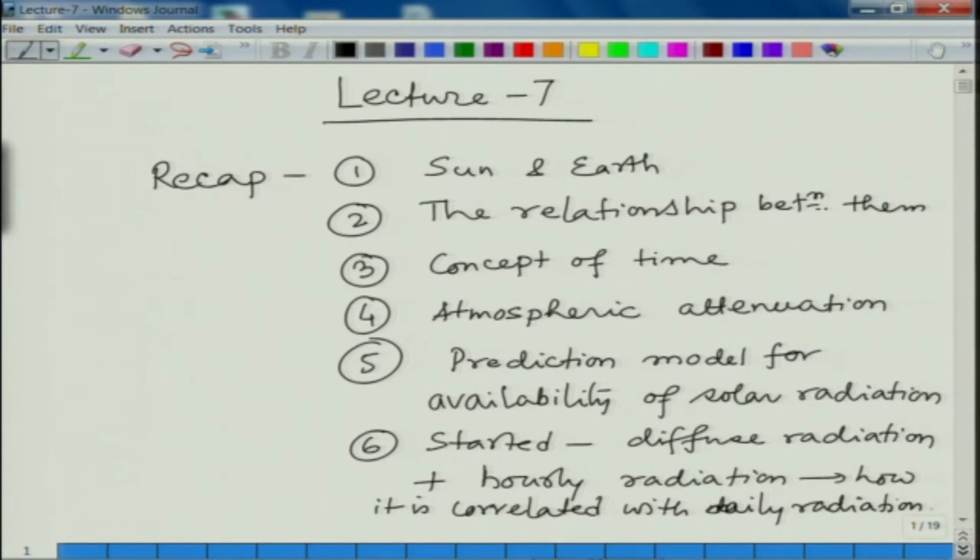Because often we need at different hours how the radiation will be distributed.